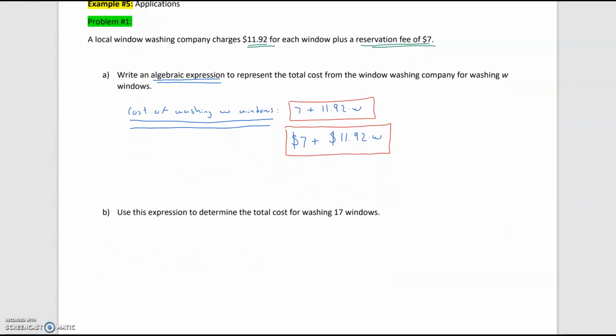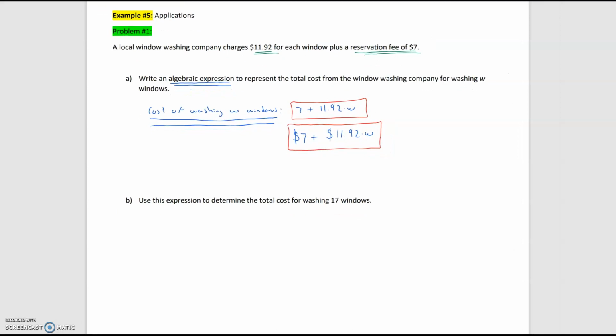Let's move on to part B, and they want us to use this expression to determine the total cost for 17 windows. So let me write it as total cost for 17 windows. It's going to be equal to 7 plus 11.92 times W, but we're plugging in 17.